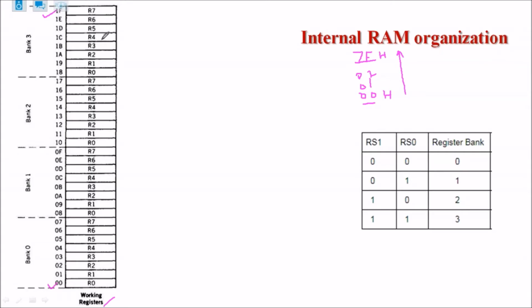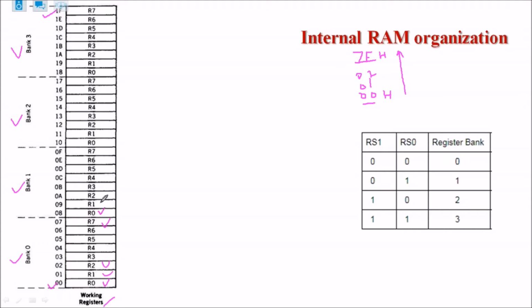This register bank part is divided into four register banks: bank 0, bank 1, bank 2 and bank 3. So there are four register banks in this part of memory. Each bank has 8 registers. Here registers are written R0, R1, R2 up to R7. These R0 to R7 are registers of bank 0.